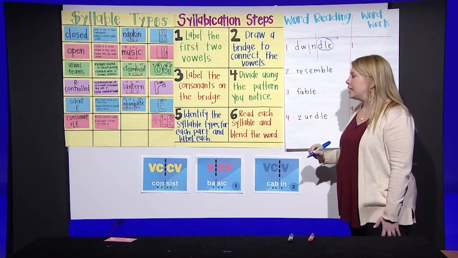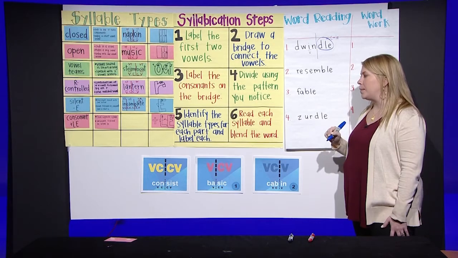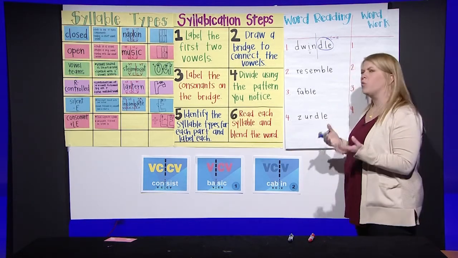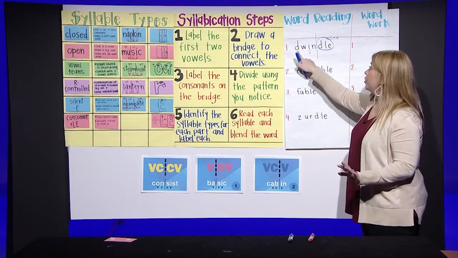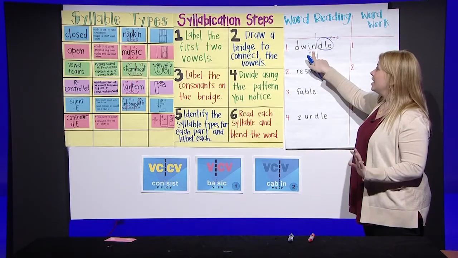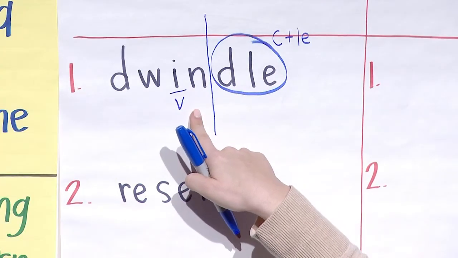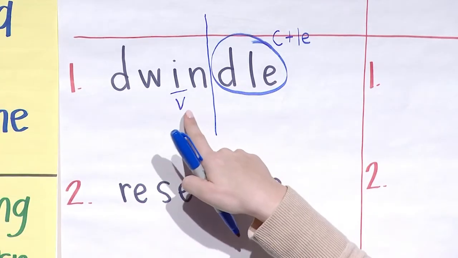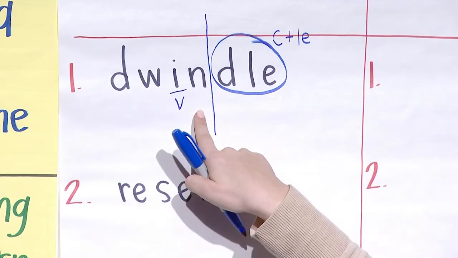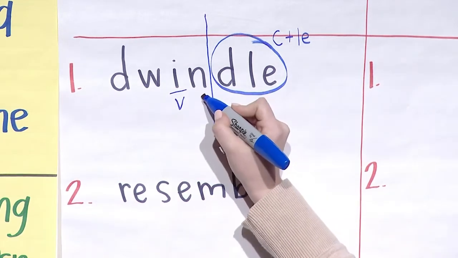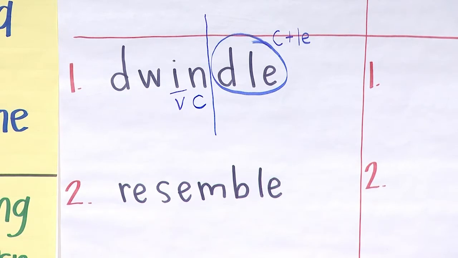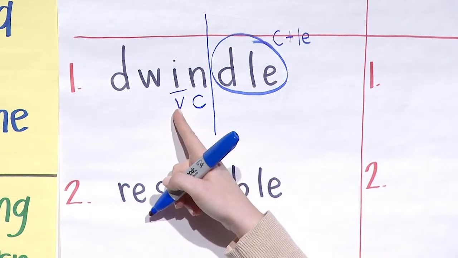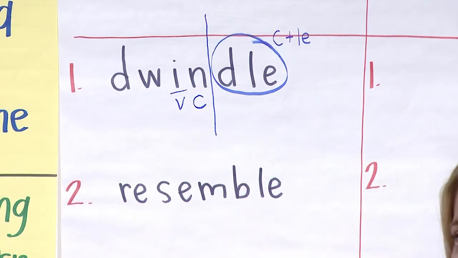Step 5 says identify the syllable types for each part and then label them. So first thing we're going to do right here is identify what syllable type this is. Now remember, I said we have to look behind my vowel, and that's followed by a consonant. So what syllable type have we been learning about that the vowel is followed by a consonant?